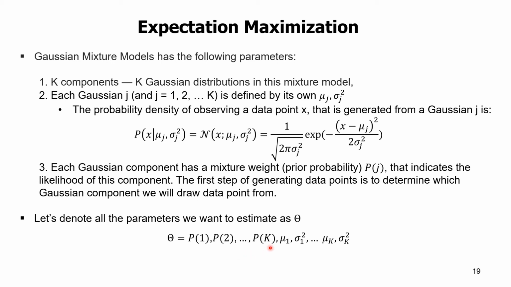For example, these mixture weight values are uniform distributions. In those cases, we don't have to estimate these. We estimate only these parameters. So it is up to the problem. Anyway, the goal of the EM algorithm is to estimate these parameters correctly.